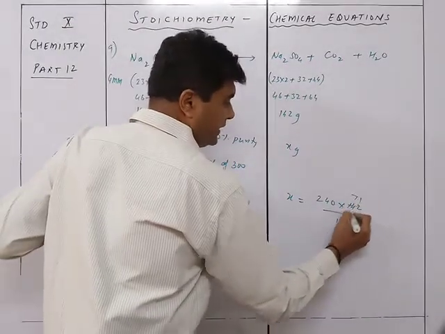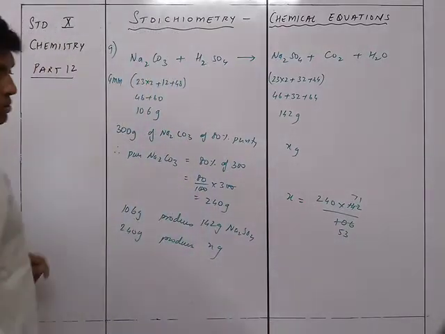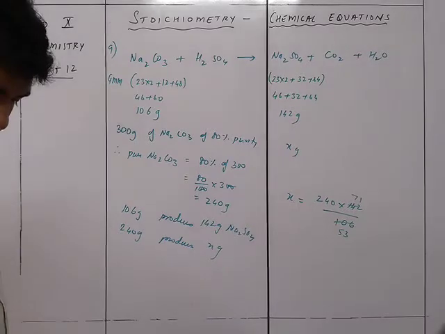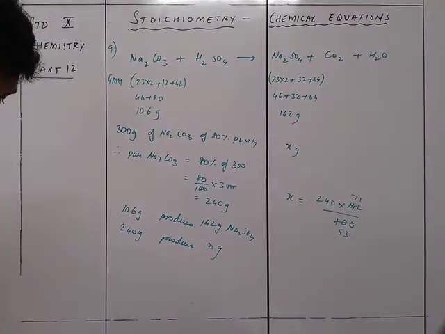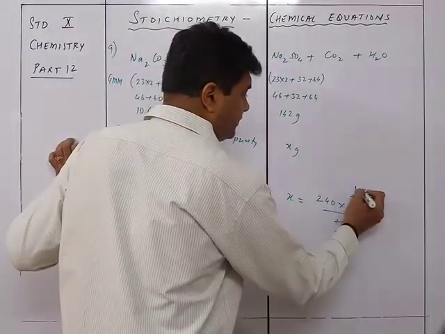This is 71, this is 53. 53 and 71 won't cancel. I'll just divide that directly, so it will be 1.34.